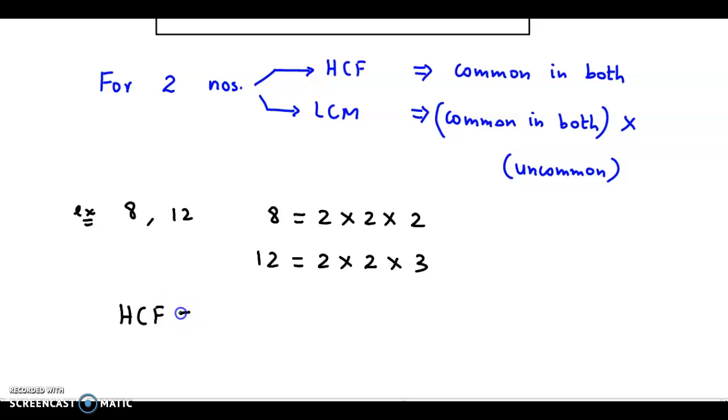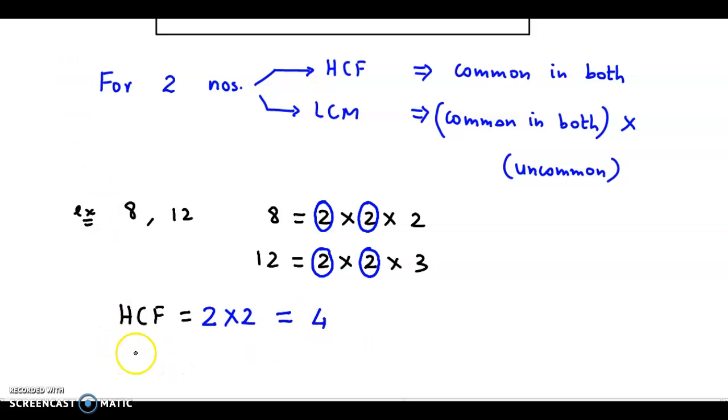HCF is nothing but the product of the factors that are common in both. So let's see which terms are common in both. You have a 2 over here, you have a 2 over here, so it would be 2. Then we have one more common factor here, 2 and 2, so into 2. That's it, no other common factors. So the HCF is 4.